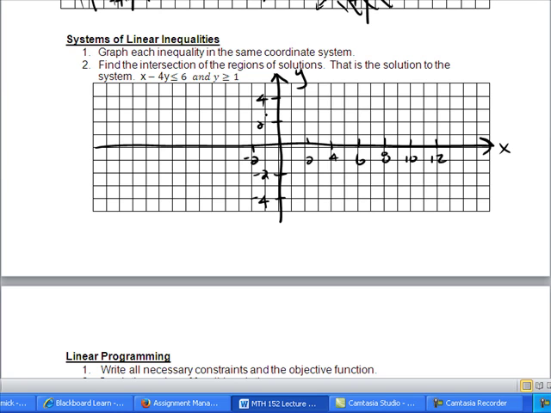So I need to look at equal to 6. I want a solid line for this because it is less than or equal to. So let's put a 0 in for y. That means x is 6. And if we put a 0 in for x, negative 4y equals 6, so y equals negative 6/4, which is negative 3/2, or -1.5. Okay, so (6, 0) and (0, -1.5), and it is a solid line.